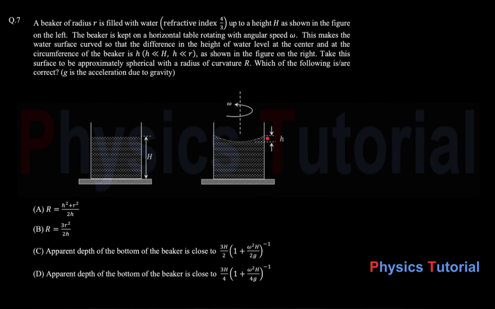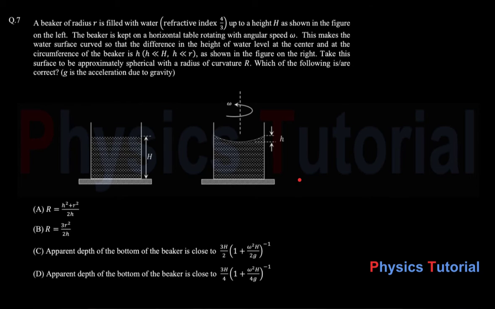When the surface is curved, you have to go for the refraction formula, mu2 by v minus mu1 by u is equal to mu2 minus mu1 by R. Here the refractive index is considered as water 4/3 and air 1, and then you use this formula for v, the distance of the image. Then it is quite easy.